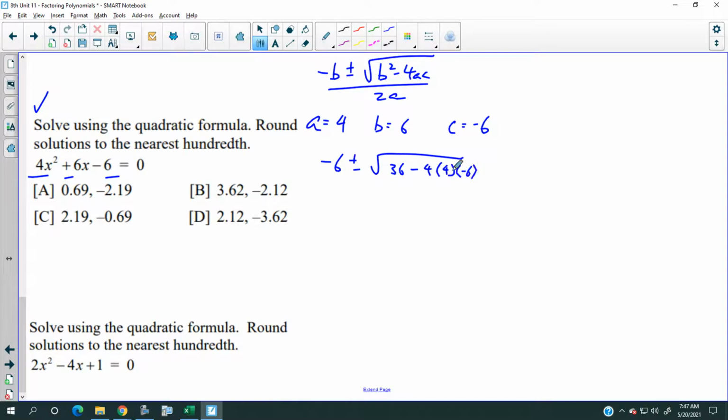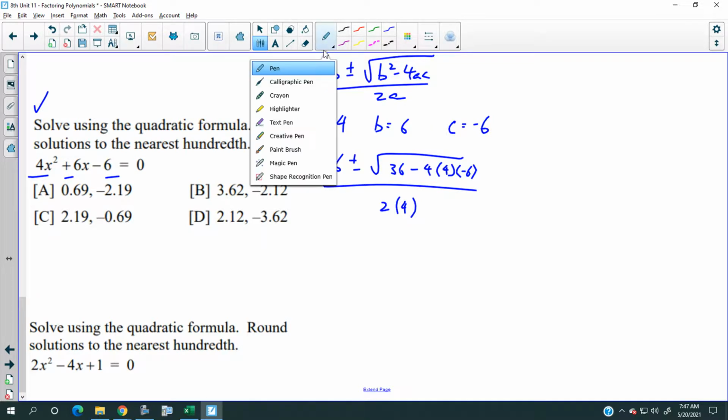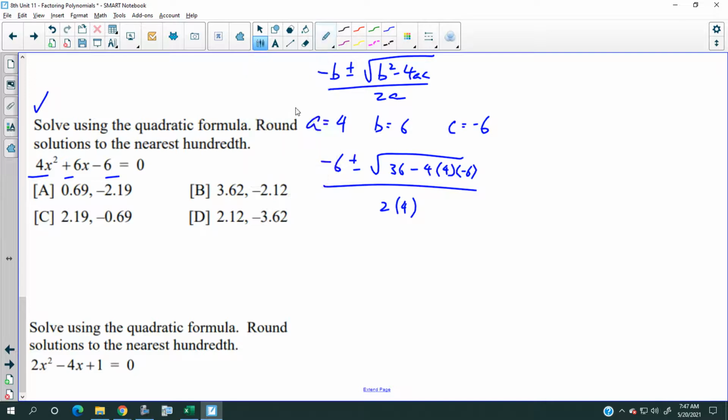Now, I'm going to tell you, okay? I can't believe I waited this long to tell you this. When I was your age, here we go again, when I was your age, I always tried to do the discriminant in my head, especially the minus 4ac part. I'll highlight it for you.